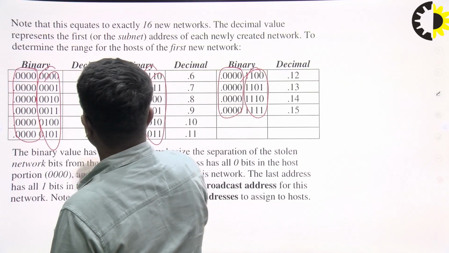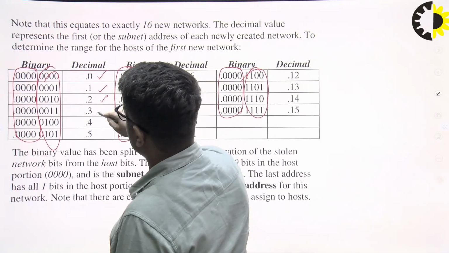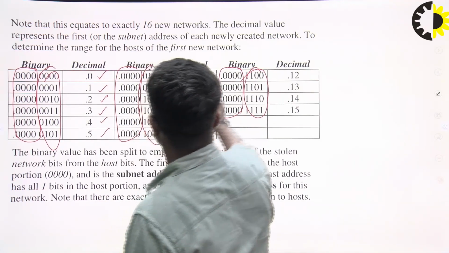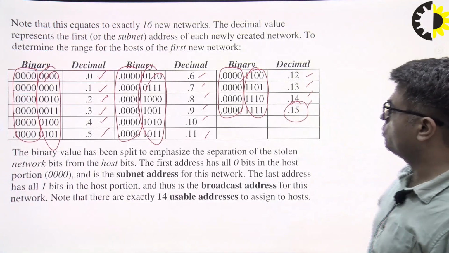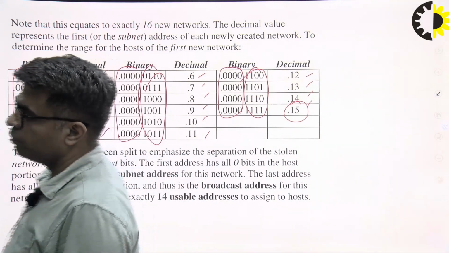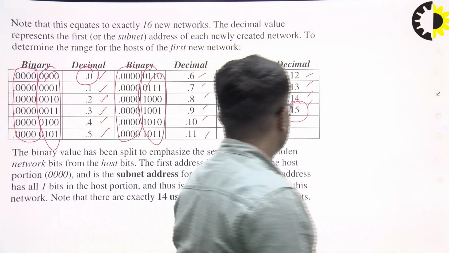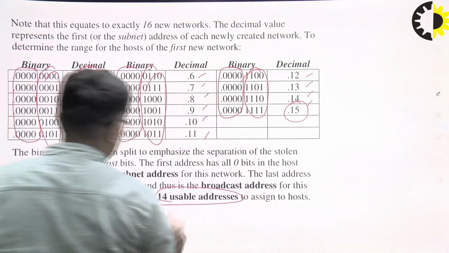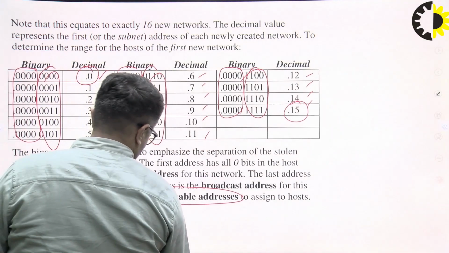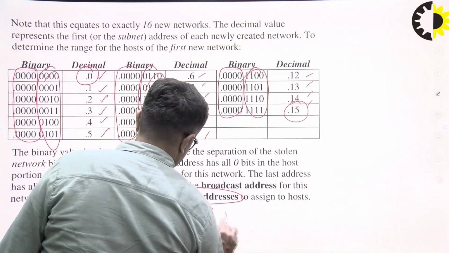Within every subnetwork there can be 0.0, 0.1, 0.2, 0.3, 0.4, 0.5, 0.6 up to 0.15, of which 0.0 and 0.15 can't be used because all zeros and all ones cannot be used. So there are 14 usable addresses from 0.1 to 0.14.